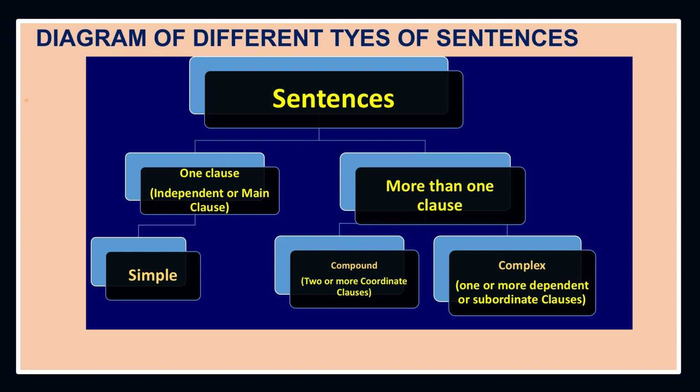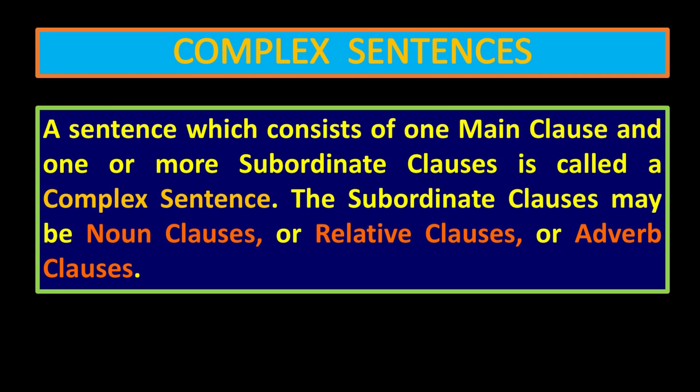So, look at the diagram, the repetition: a sentence with one independent clause is a simple sentence; with more than one clause, if coordinate clauses they are compound; if we have subordinate clauses beginning with a WH word or relative pronouns, they are called subordinate clauses, and the sentence is called a complex sentence.